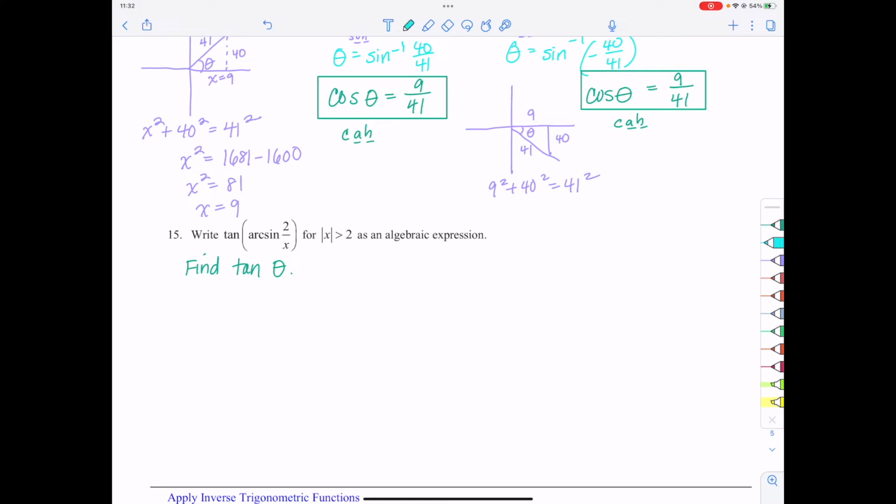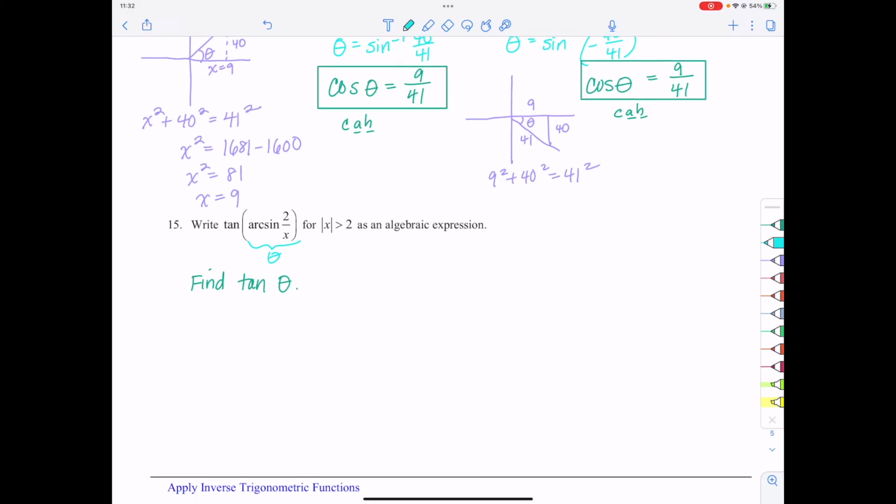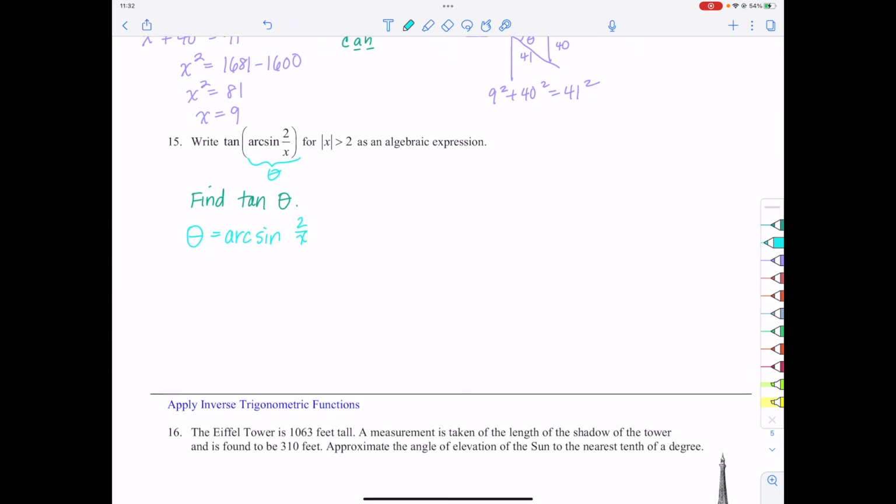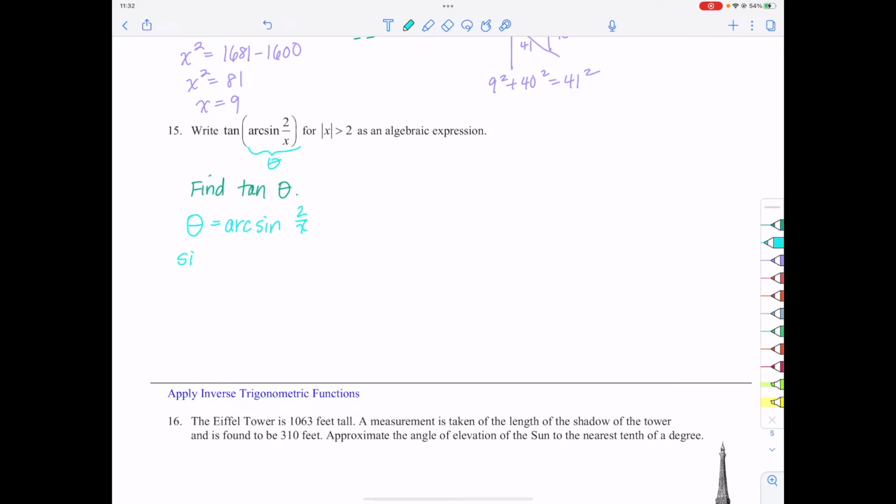So we are going to let this be theta. Okay, so we have theta equals the arc sine of 2 over x. So what does that mean? That means that the sine of theta is equal to 2 over x.